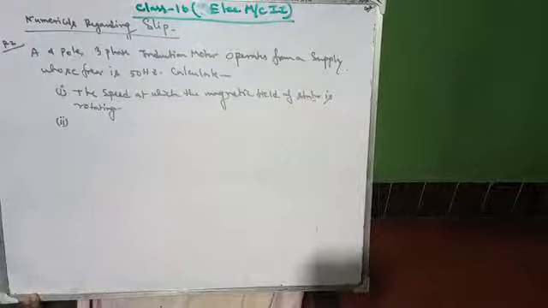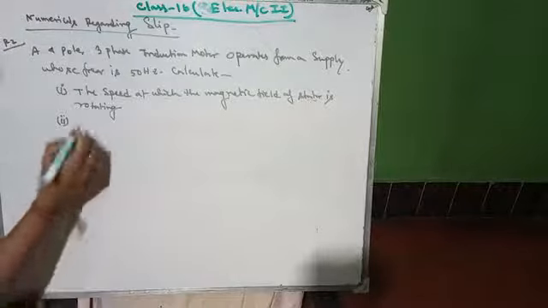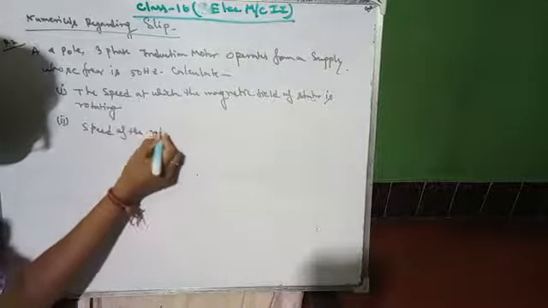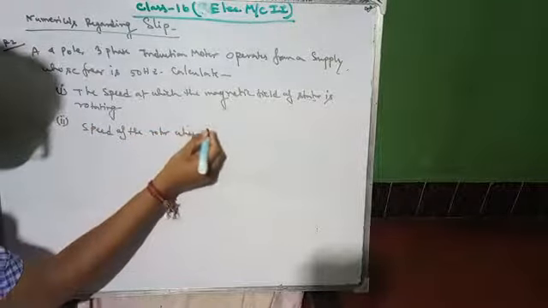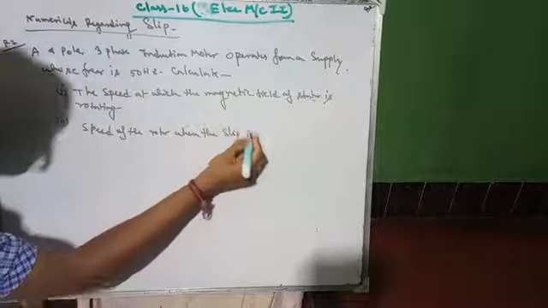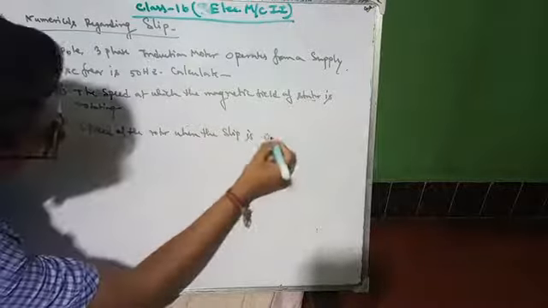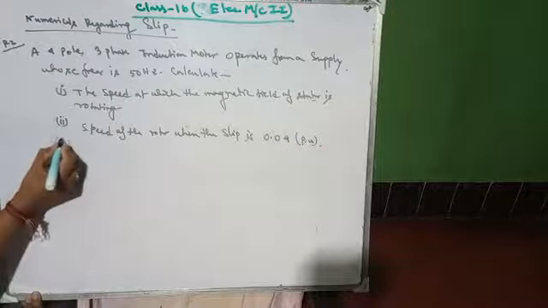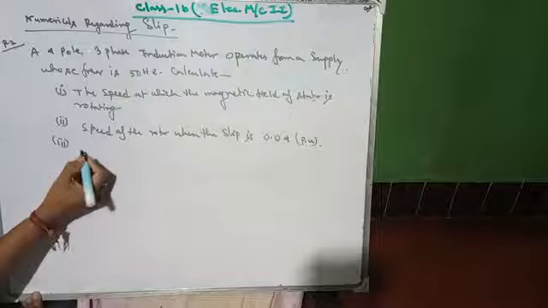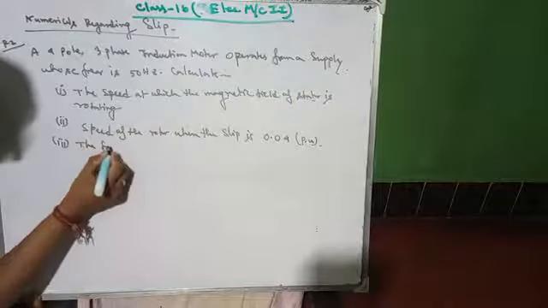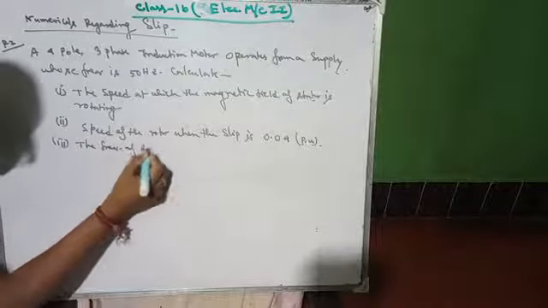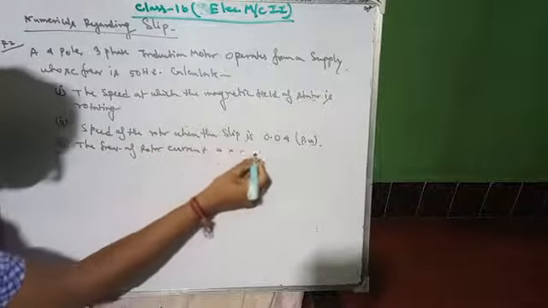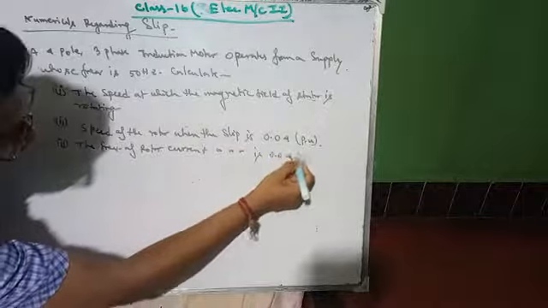And second one, the speed of the rotor when the slip is 0.04 pu. Okay. And third one, the frequency of the rotor current when the slip is 0.04 pu.